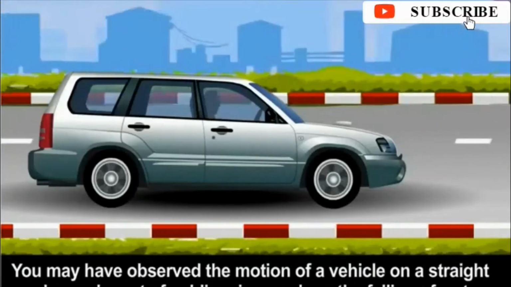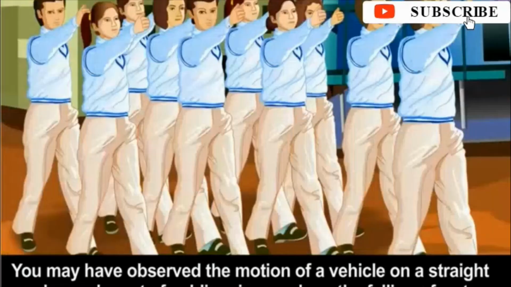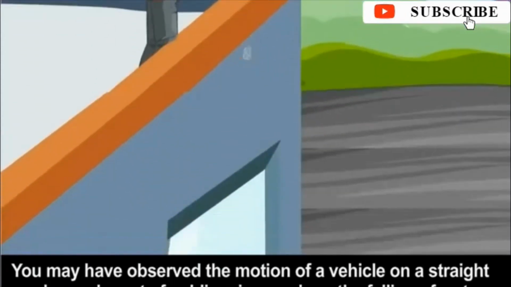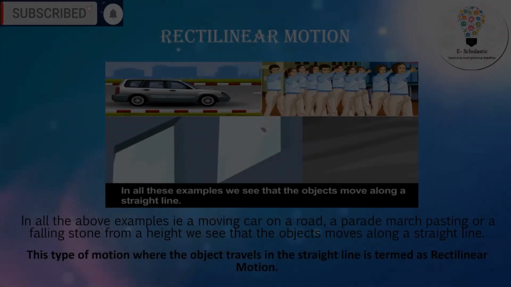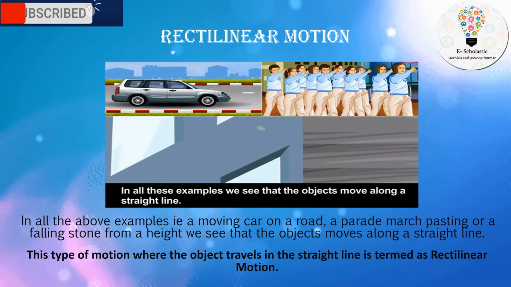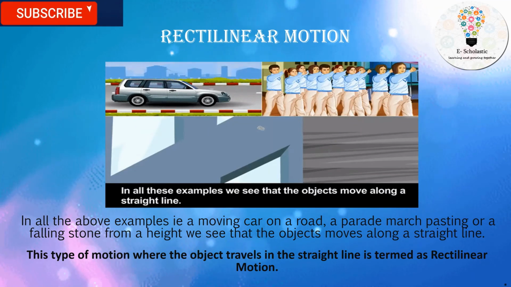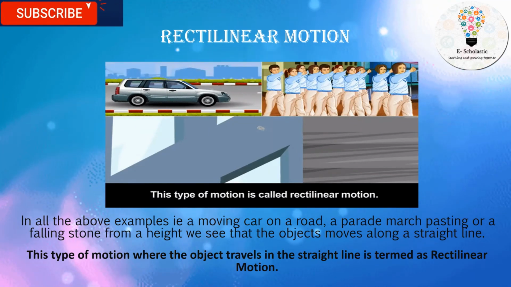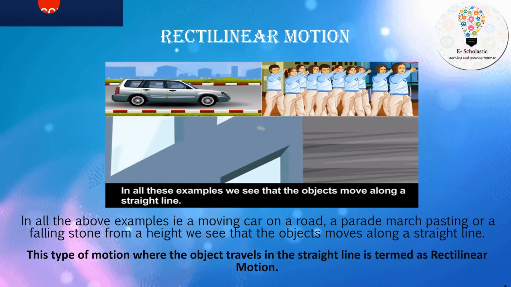You may have observed the motion of a vehicle on a straight road, march past of soldiers in a parade, or the falling of a stone. What kind of motion is this? So in the above video we have seen some examples like moving of a car on a road, a march past parade, or a stone falling from a height.